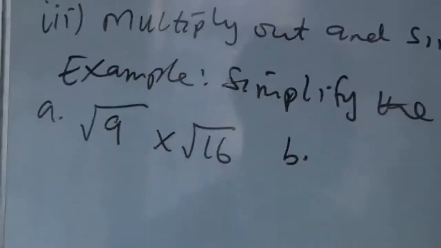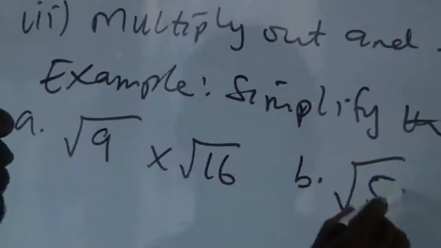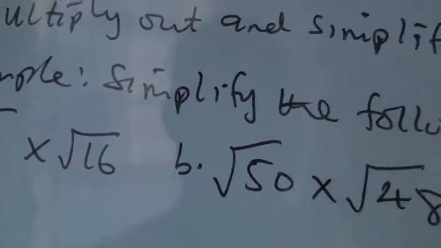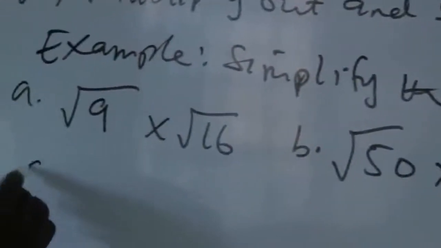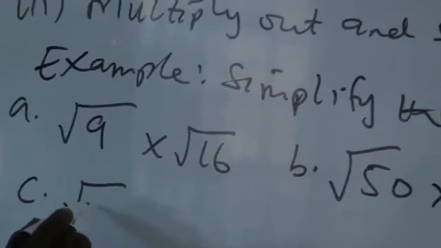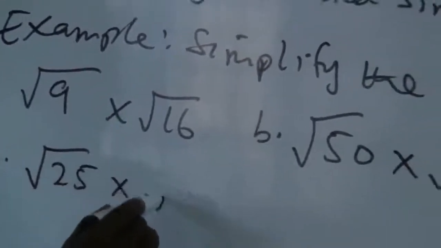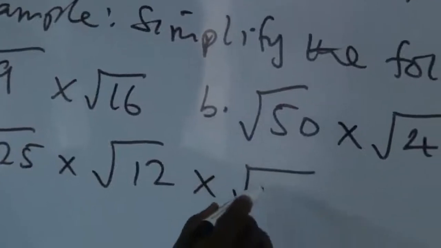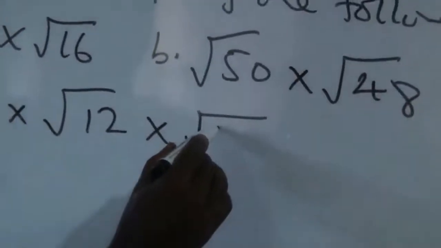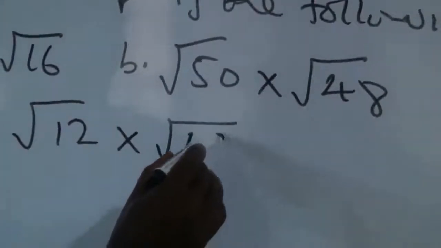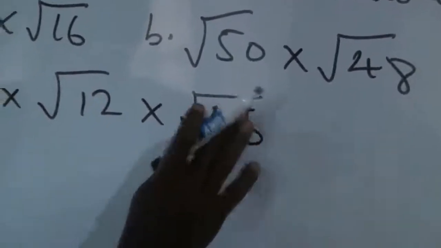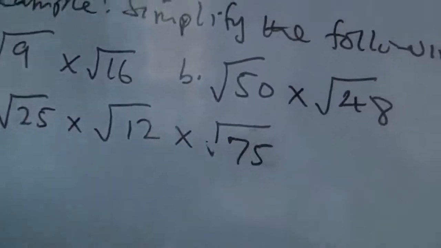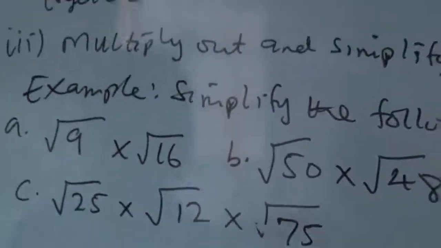B, root 50 times root 48, and then C, root 25 times root 12 times root 75, right? Good.